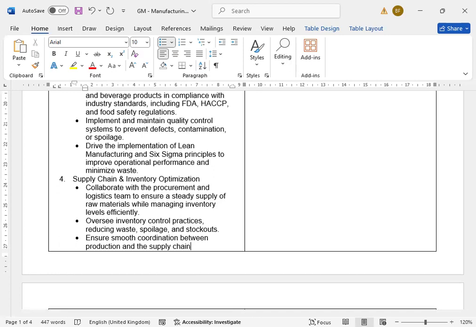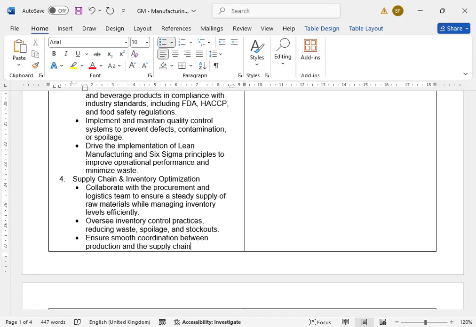Especially if you are producing, let's say, 2 million liters a day of raw milk and turning it into fresh milk or long life milk, the management of the GM has to make sure there will be no stockouts.